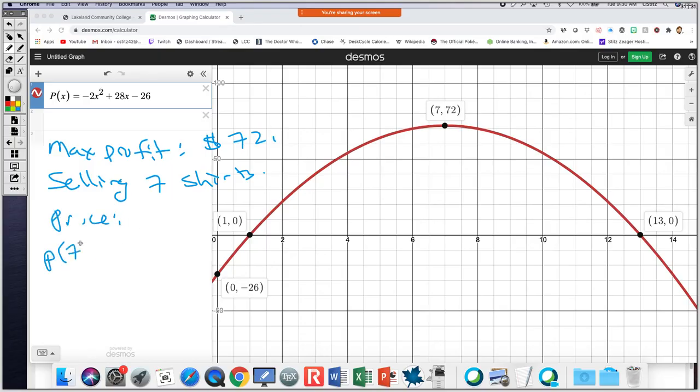Well, we plug that into our price function, 30 minus 2x. And that gives us 16. So $16 a shirt. You'll sell exactly 7 shirts. If you only make 7 shirts, then you'll have your maximum profit of $72.